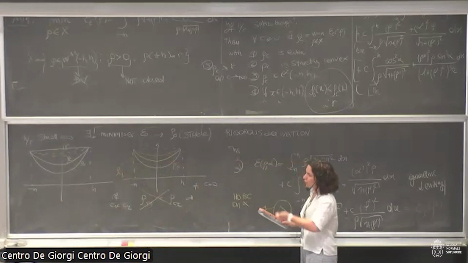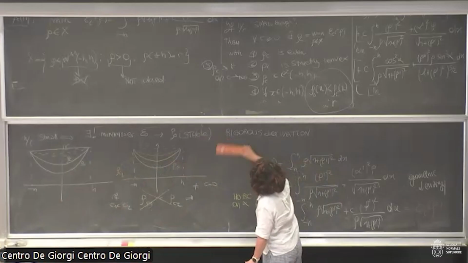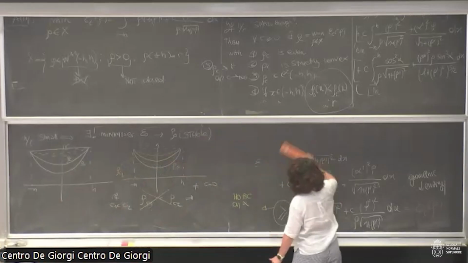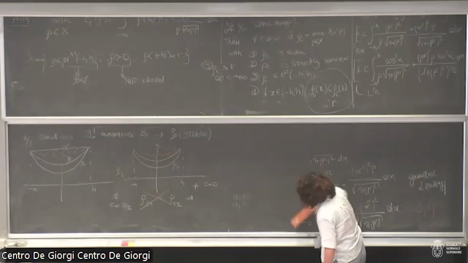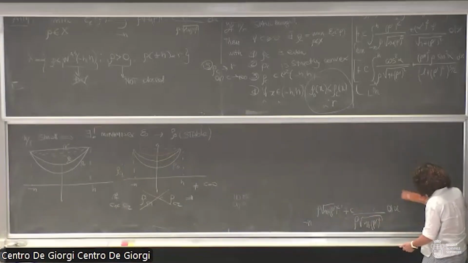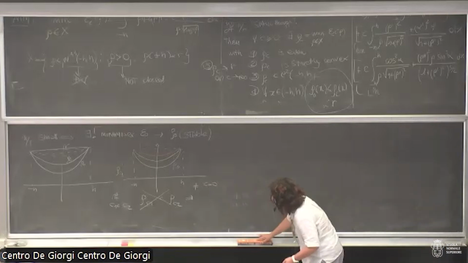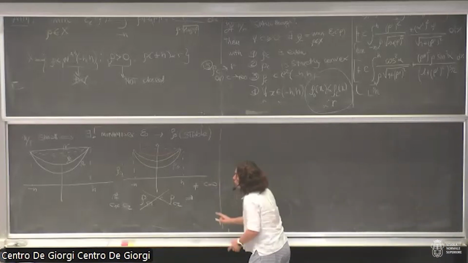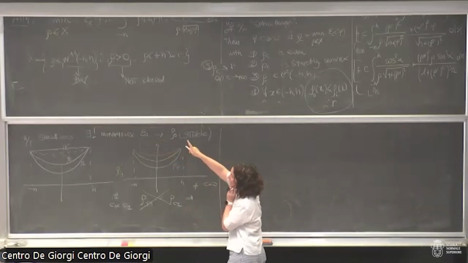I want to give you one idea which is fundamental for proving this theorem, and then I will advertise my next paper, which I hope will be on arXiv in the next weeks. Let's hope. There are many difficulties in minimizing this energy functional.